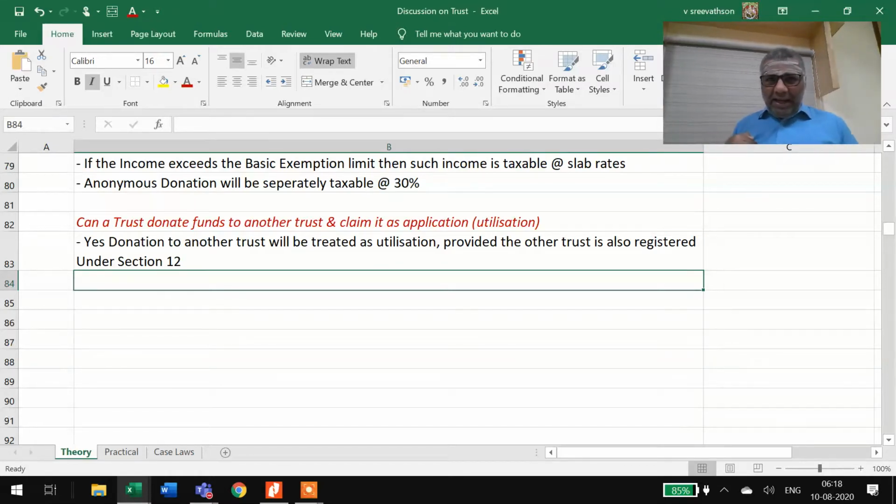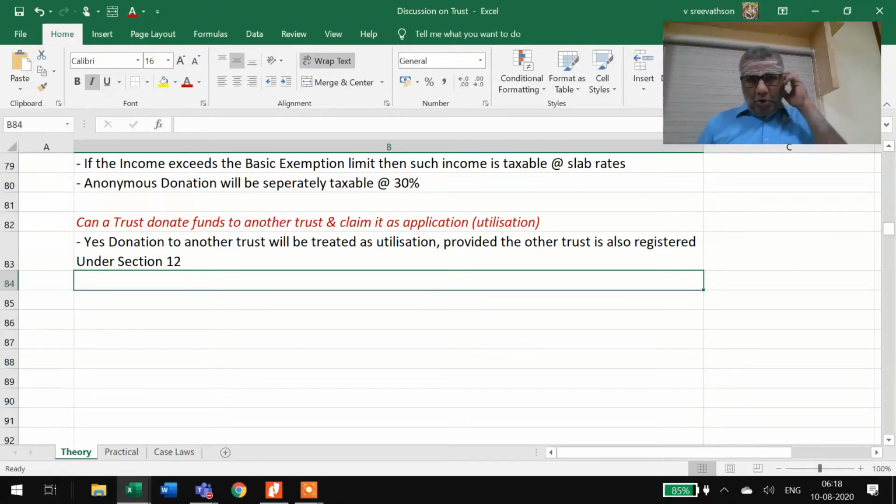For me, it falls under utilization. For the recipient, it is going to corpus, so it is not an income. So the whole thing went untaxed.